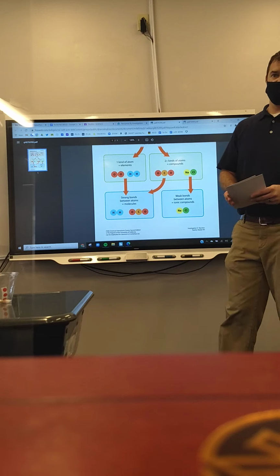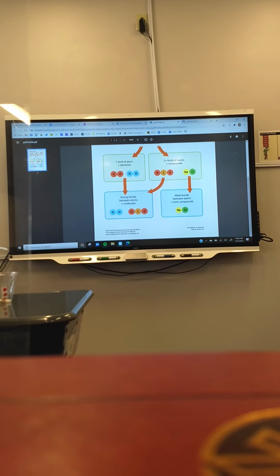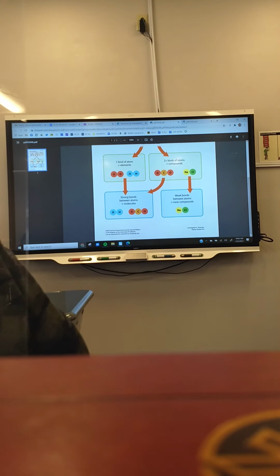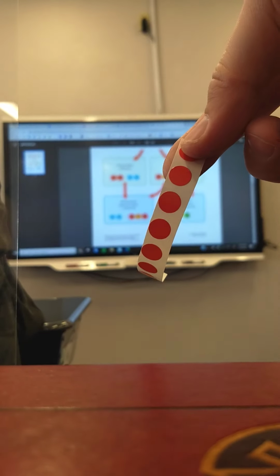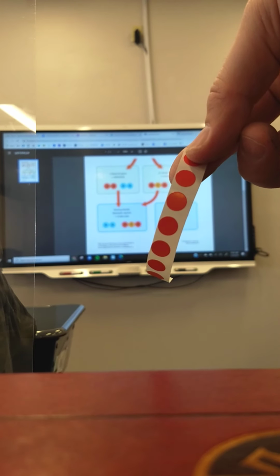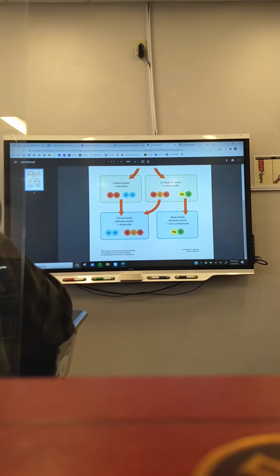Alright, so what we are going to do with all of these little dots, first of all, you're going to label them with the proper letters. So everybody's got these little dots. All these little red dots match the red oxygen dot that I've got on the board. So put a little O on that.